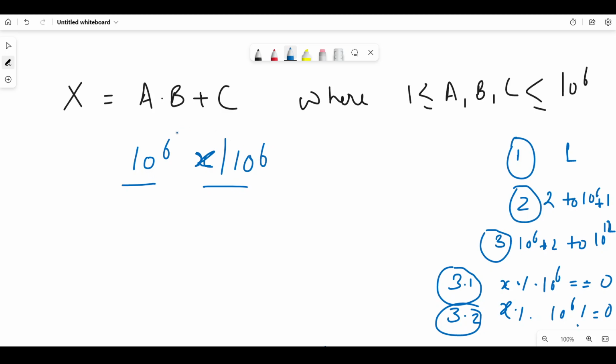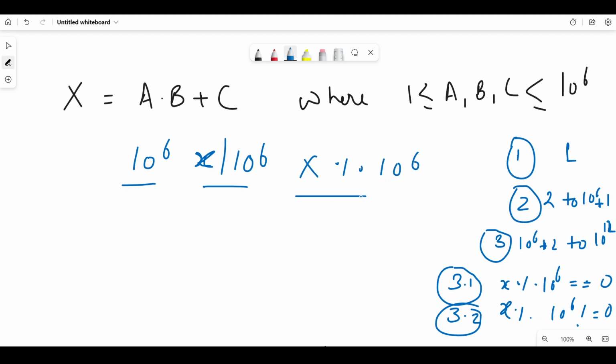So it will give me a number that is smaller than x, because x is not exactly divisible by 10 to the power 6, but this is. Now for c, whatever extra value is left in x will come here in the place of c. And what will that value be? x modulo 10 to the power 6.